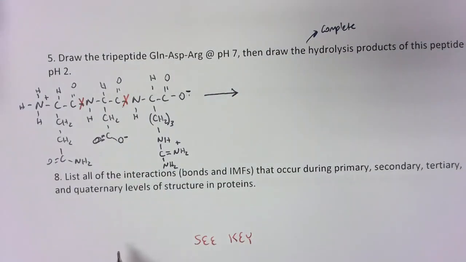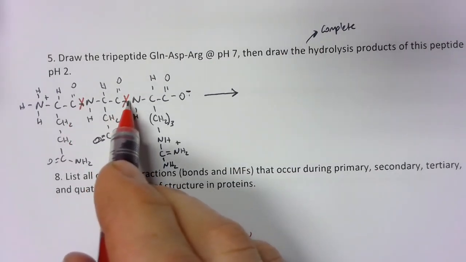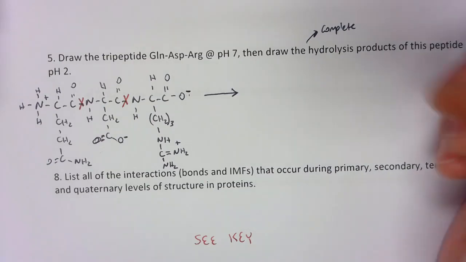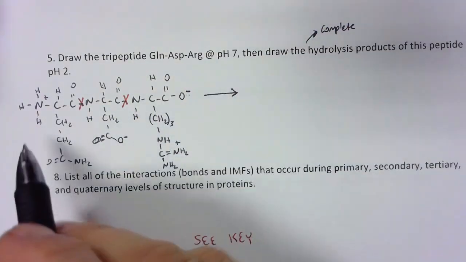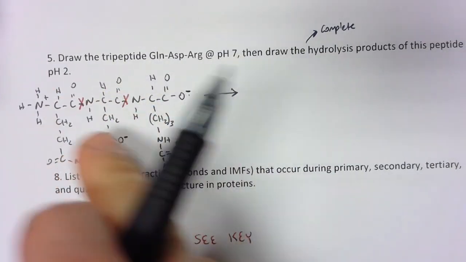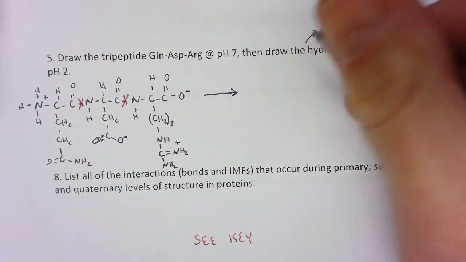So essentially we need 2 waters. But it breaks right in between that peptide bond linkage. And then we end up with, if you were to just erase this line, erase that line, you would see the 3 amino acids that you're left with.